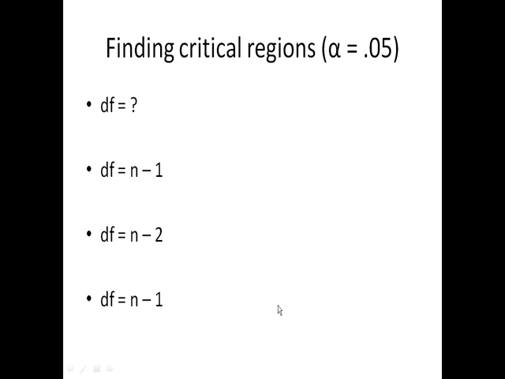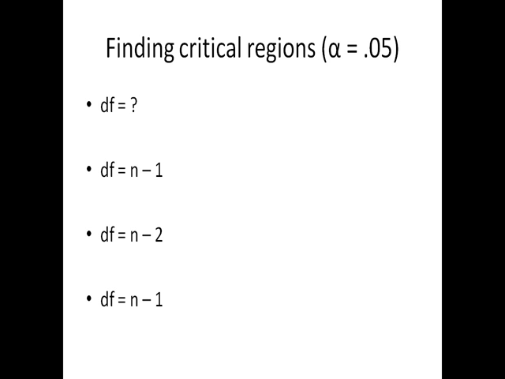Now, for the related measures t statistic, there are two different calculations for degrees of freedom that we need to keep in mind. The first is that if we only have one group of participants, then we subtract 1 from the total n. But we talked about another design that is used less often, and that is a matched pairs design, or a matched groups design.